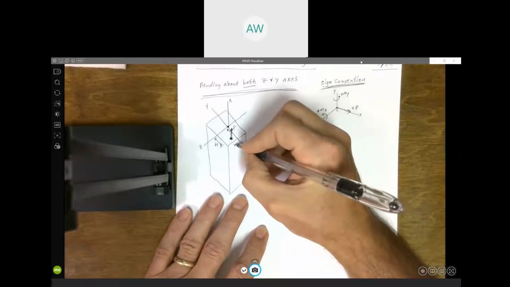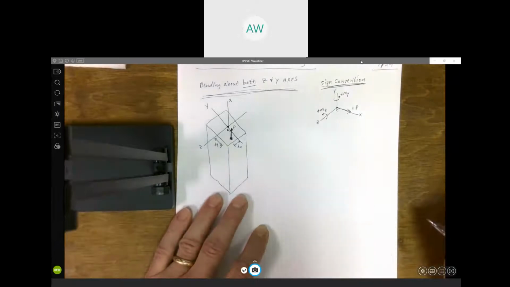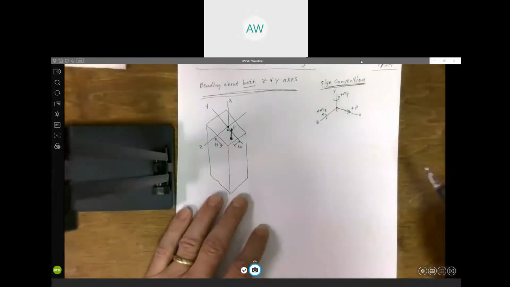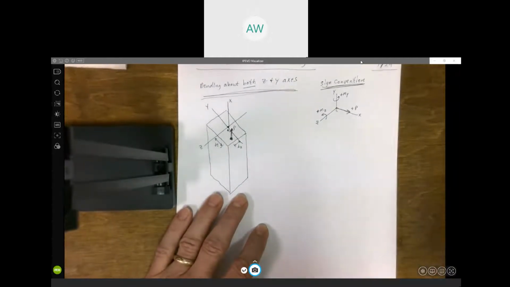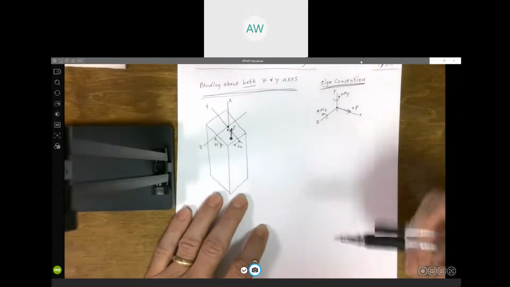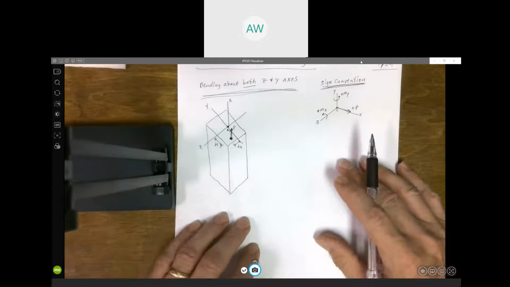And some distance, we'll call it dz, away from the y-axis. All right, well, if you do that, that's going to result in not only an axial load, but a bending moment about both the z-axis and the y-axis.